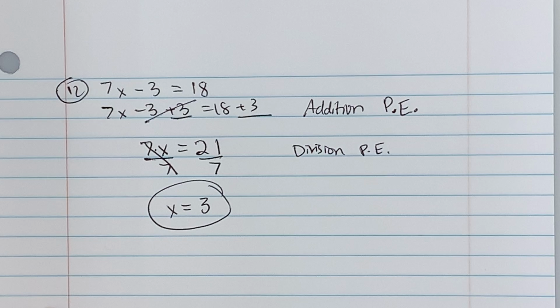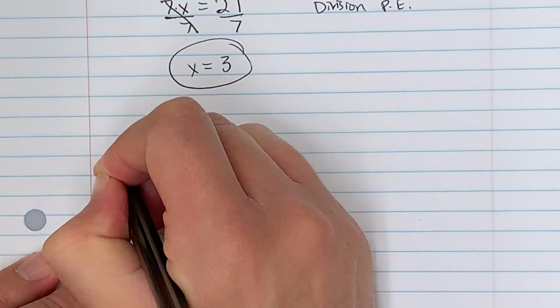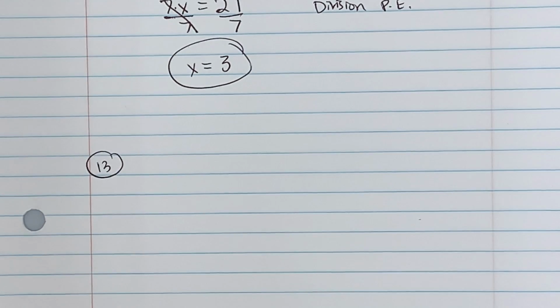All right, I'm gonna give you a couple to do on your own. So we're gonna do number 13. Sorry for that bell, it is not a real bell.